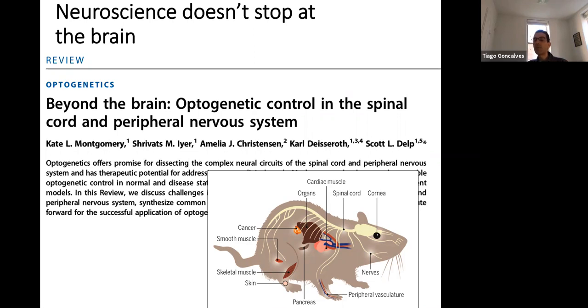One of the things that I find cool is that there are a lot of unexplored areas. Now people are starting to use optogenetics and imaging to look at stuff everywhere in the animal, the peripheral nervous systems. And you can stimulate and manipulate and image all of these nerves elsewhere.